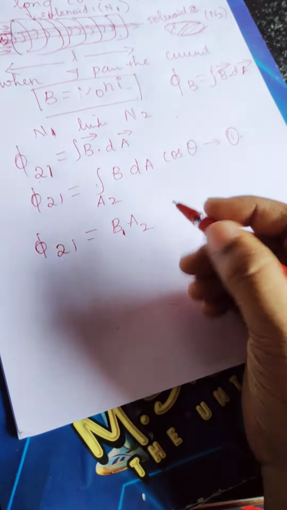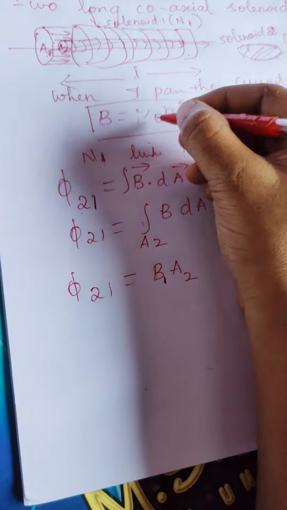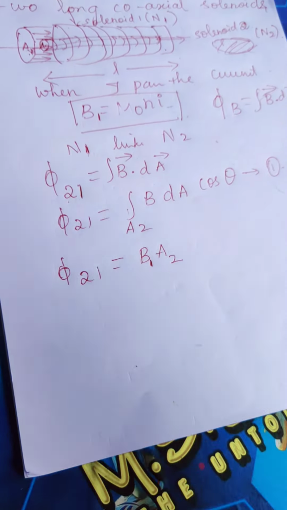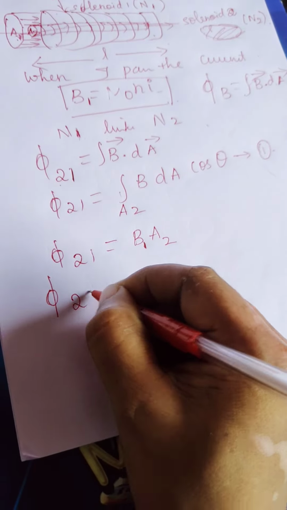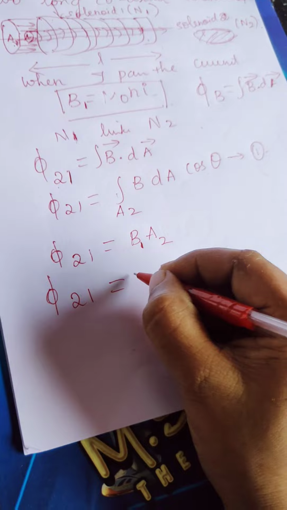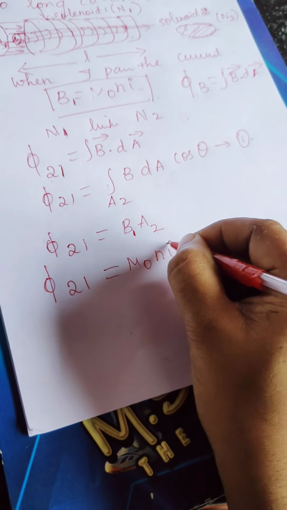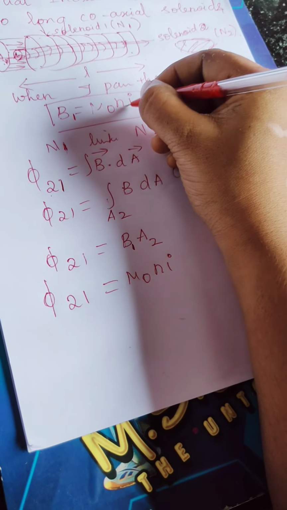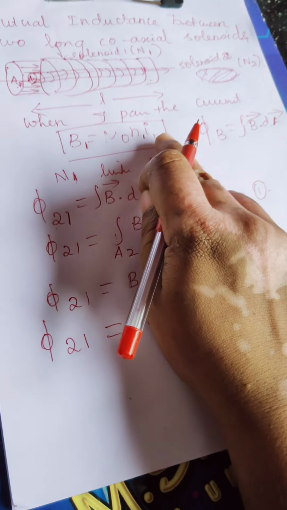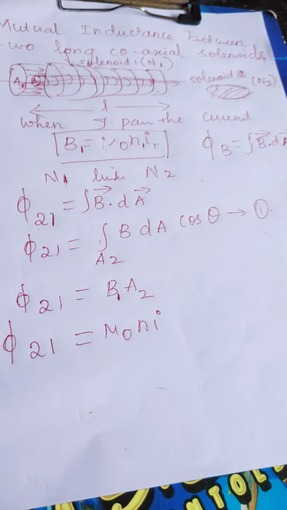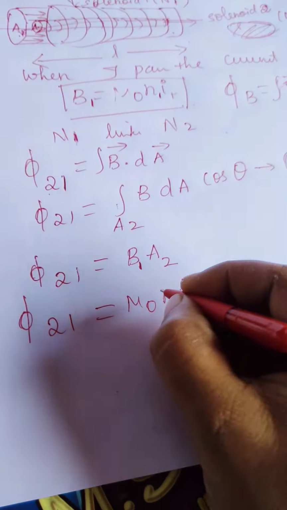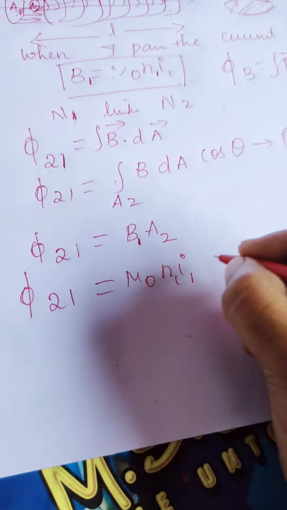Using the general form mu naught N i, which I take as B1, substitute the value: flux 21 is equal to mu naught N1 I1 times A2, where N1 is the number of turns per unit length and I1 is the current.